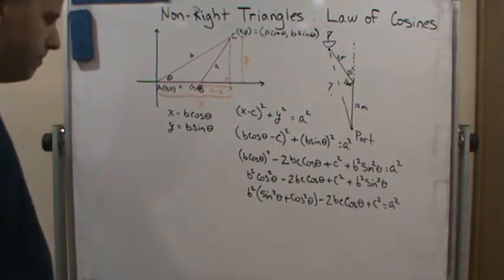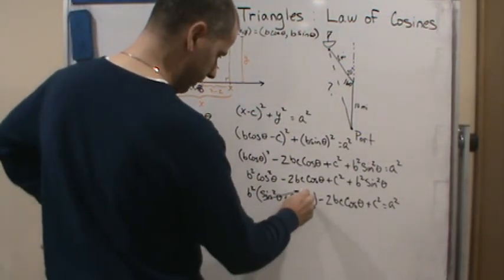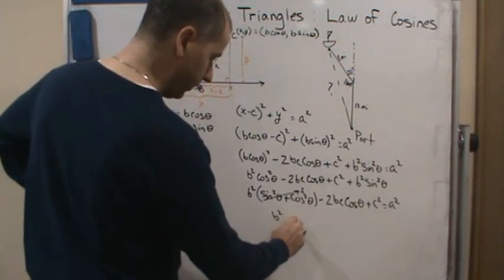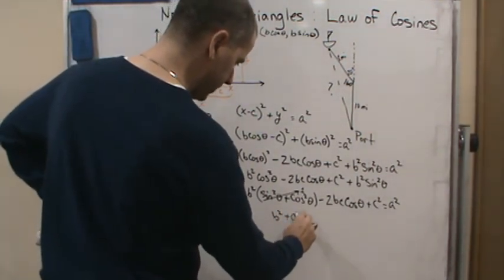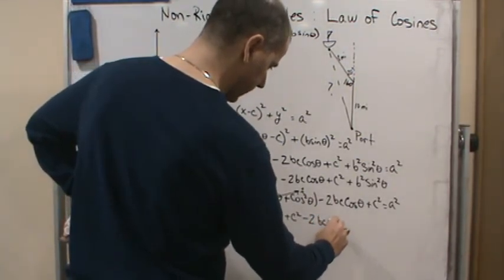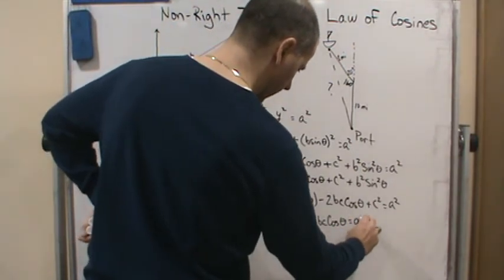Okay, great. Well, this just gives me 1, right? So this is going to end up being b squared plus c squared minus 2bc cosine theta is equal to a squared.